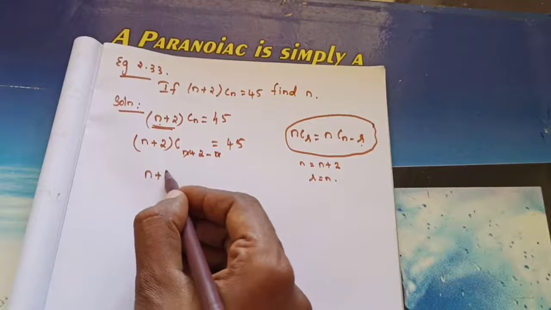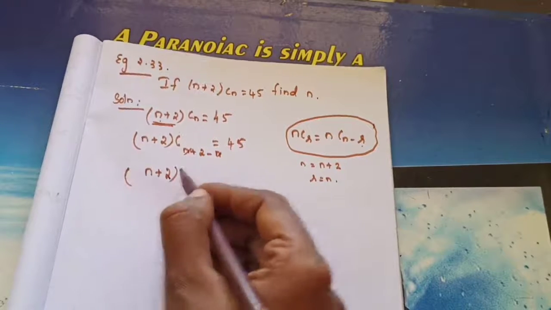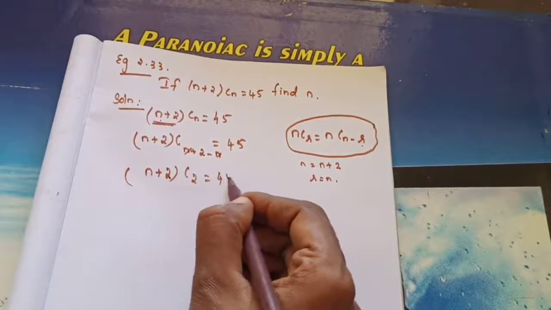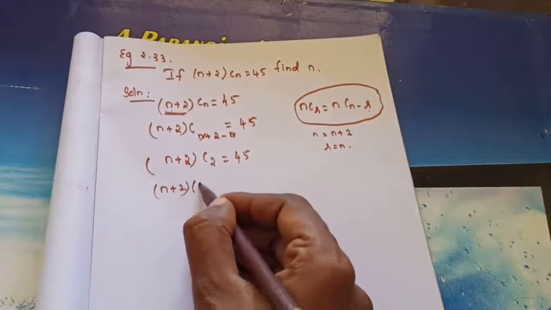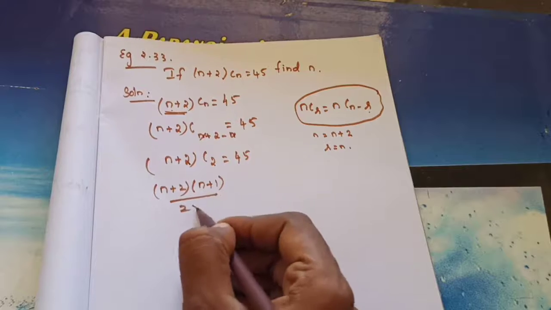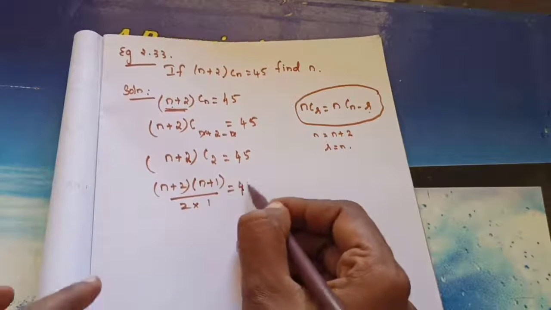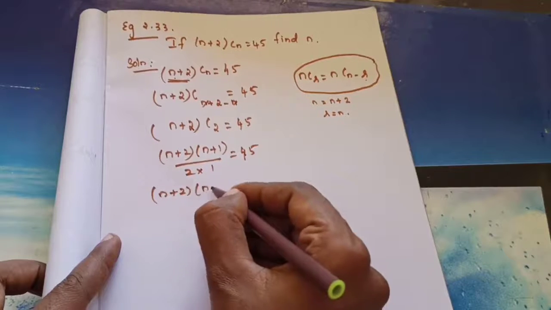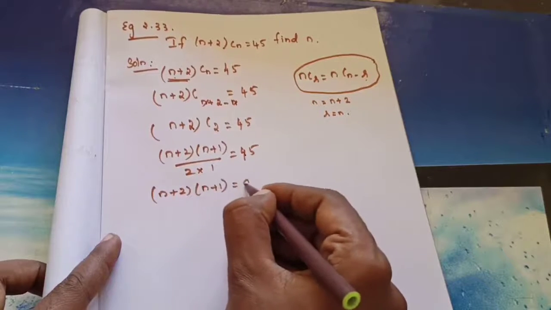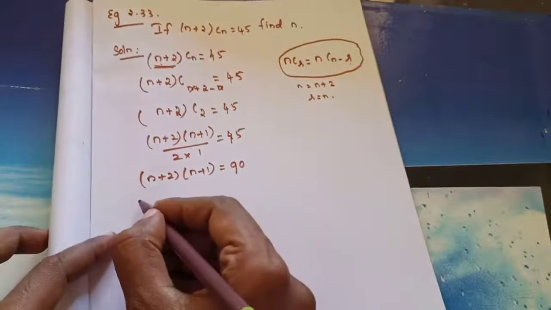So what's the balance? n plus 2 C2 equal to 45. So C2 means how will you write? n plus 2 into one more term, n plus 1 divided by 2 into 1 is equal to 45. Cross multiply, n plus 2 into n plus 1 equal to 2 into 45, means 90. Correct?